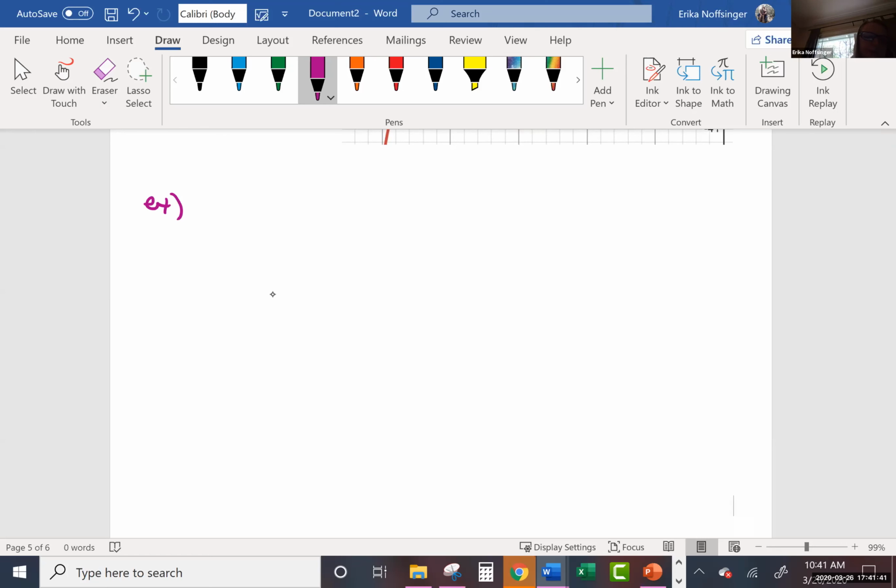So let's say you're given that f of x is equal to x all over 2x plus 1. And in here, it says find the third derivative and the fourth derivative.